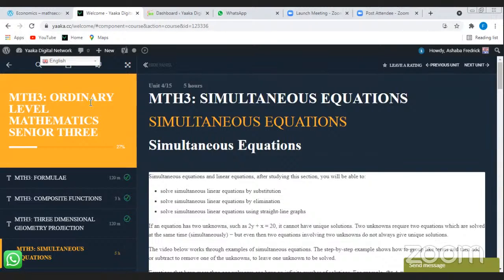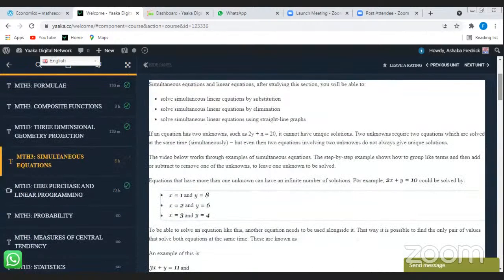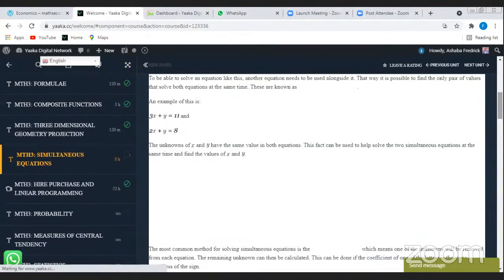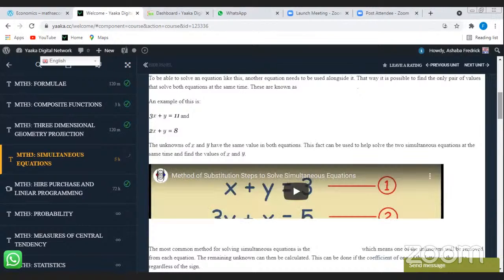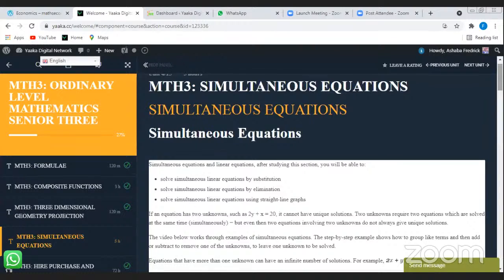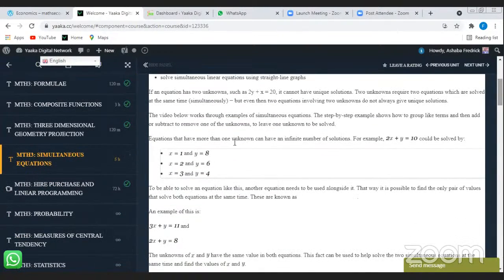So for formula, composite functions, and then simultaneous equations, if you have not done them, please let us get in touch and then we cover them. You can propose the time when you're free. Then I'm going to be sending work, if possible, on a daily basis. So make sure you also do that work on a daily basis. Is that okay? Yes, teacher.